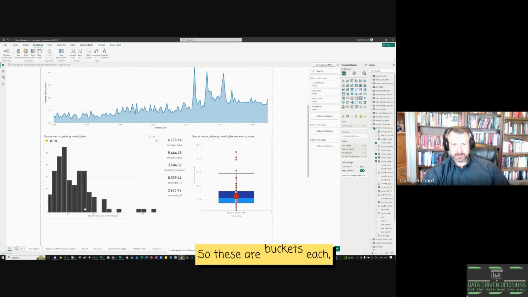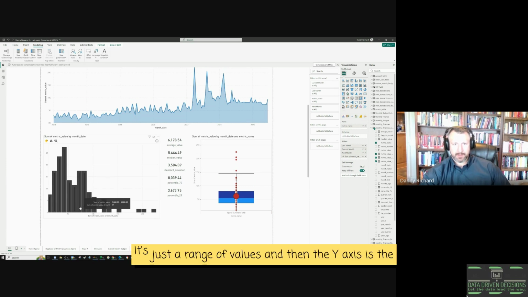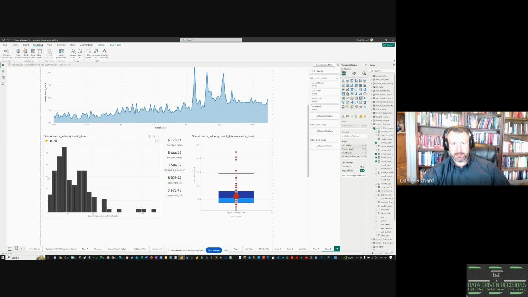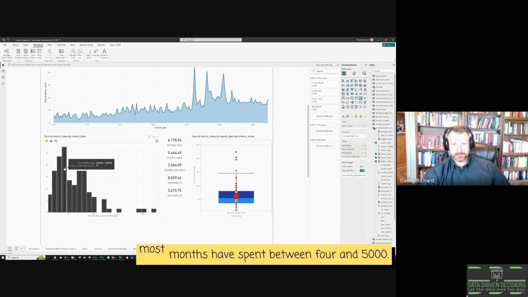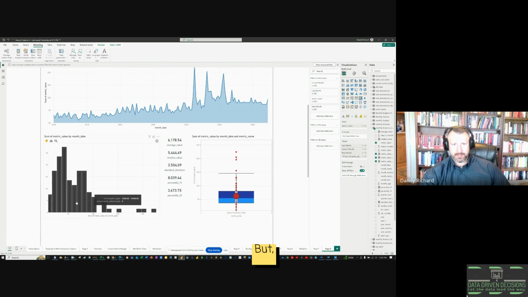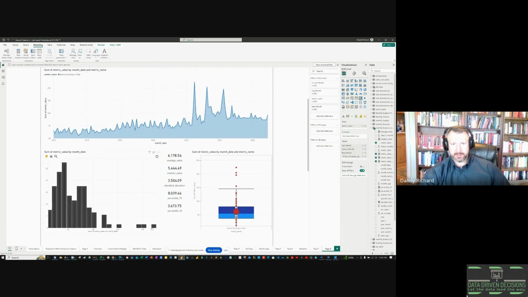So these are buckets. Each bin is just a range of values, and then the y-axis is the number of times a month falls into that bucket. So most commonly, most months have spend between 4 and 5,000. But spend is something that grows over time.